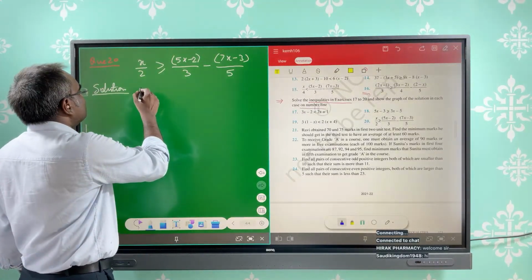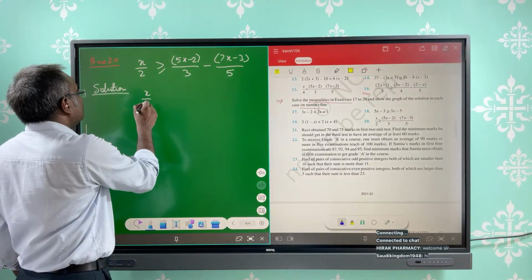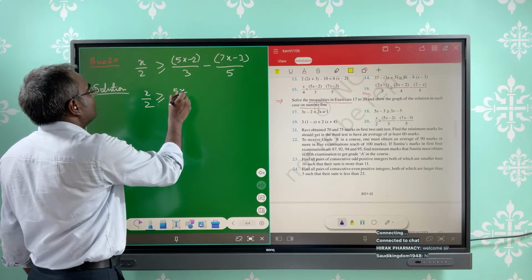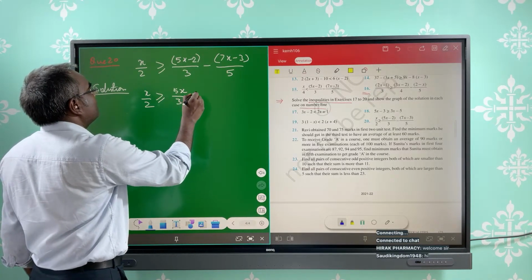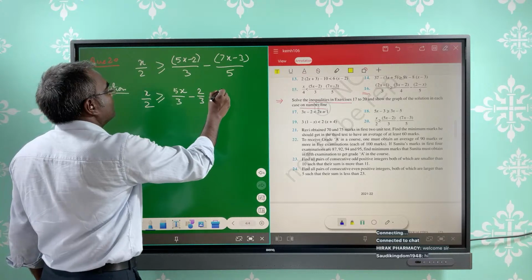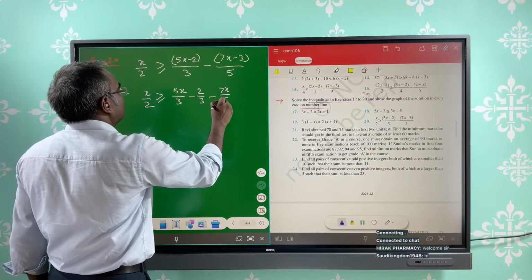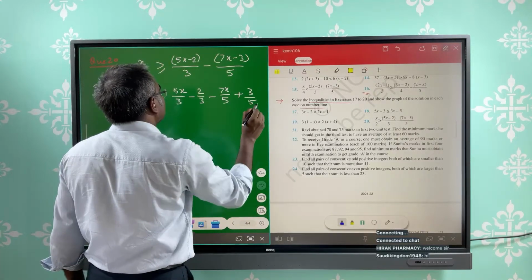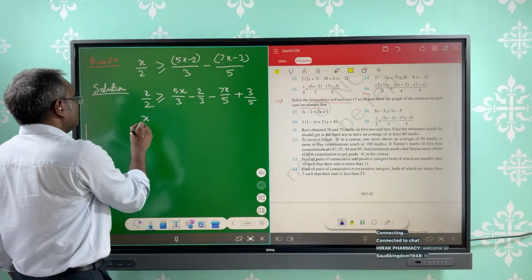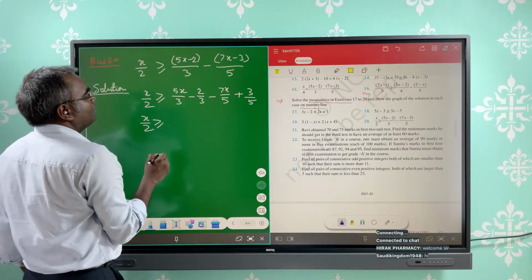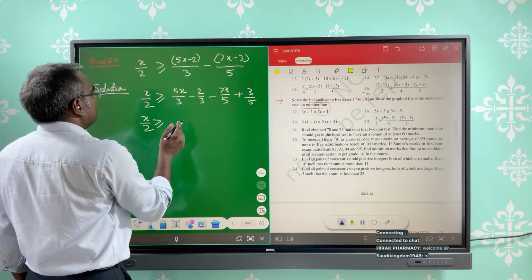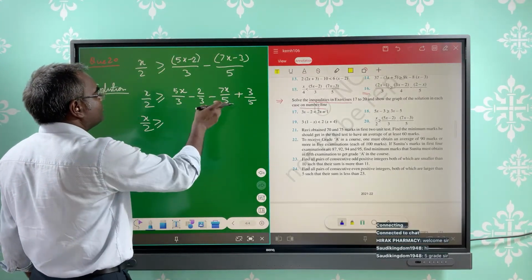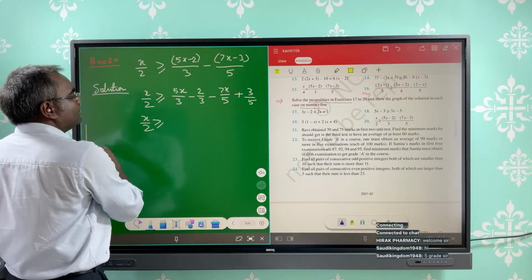So let us simplify this inequality. We'll open the small bracket. So x by 2, we'll bring the x terms to the left side.